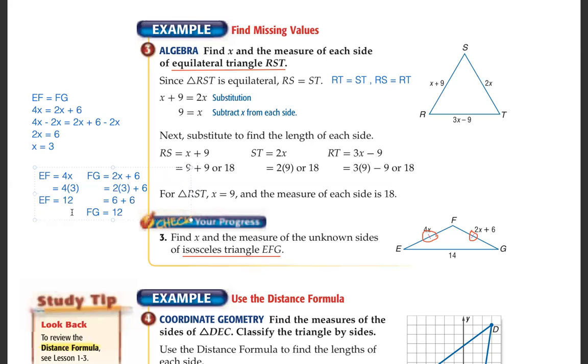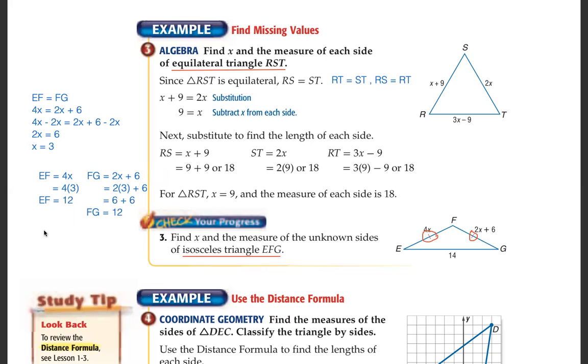So you see, we are expecting these two to be equal because they are the two sides that are equal. And because our x is correct, it gives us the same value for EF and FG, which is 12. Again, if you replace the x and the two sides do not end up the same, then either the way you replaced the x is wrong or your x itself is wrong.